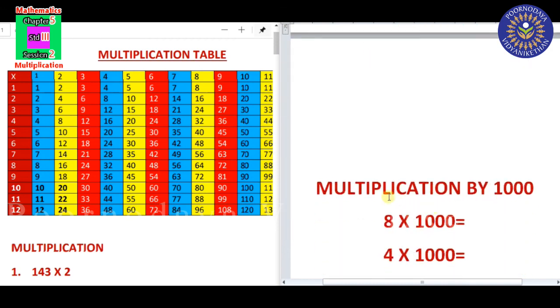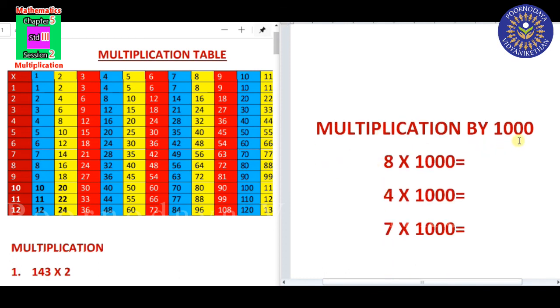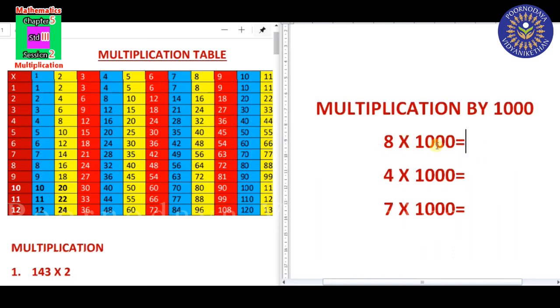Next, we are going to learn multiplication by 1000. Can you tell me how we will find the product here? 8 multiplied by 1000. In 1000, how many zeros are there? 1, 2, 3 zeros. So, for finding the product, write this 8 itself and insert how many zeros? Yes, 3 zeros at the end of this number. 1, 2, 3.